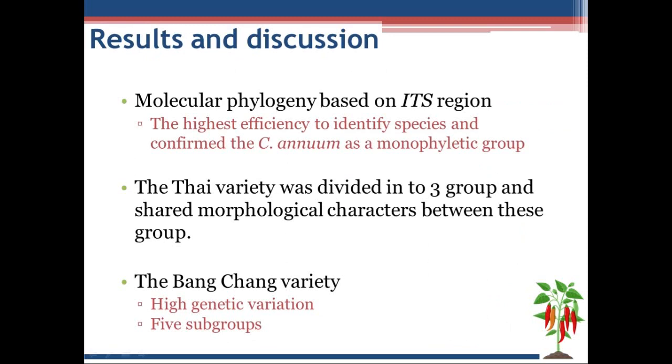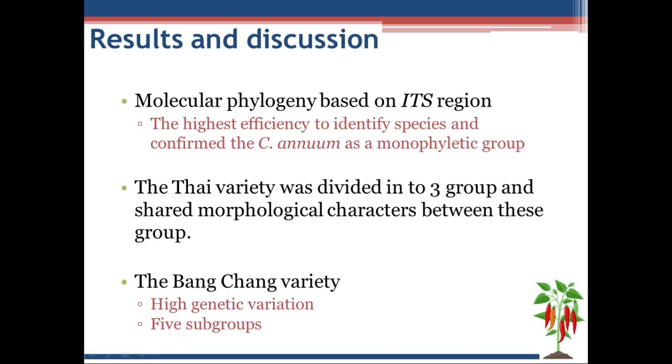On the other hand, molecular phylogeny based on the ITS region shows the highest efficiency for identifying species and confirms Capsicum annuum as a monophyletic group. The Thai varieties were divided into 3 groups that shared morphological characters such as flower, fruit, and plant growth habit.